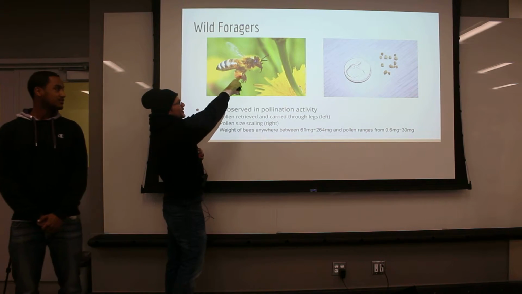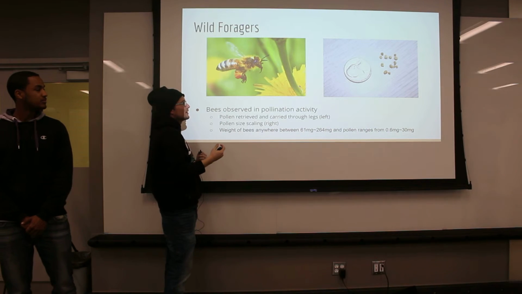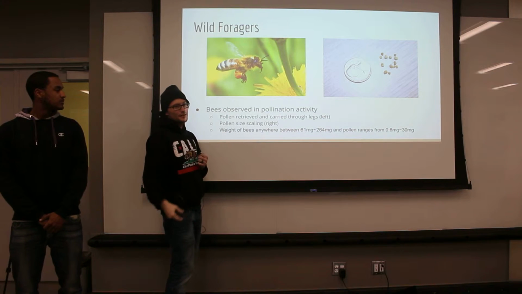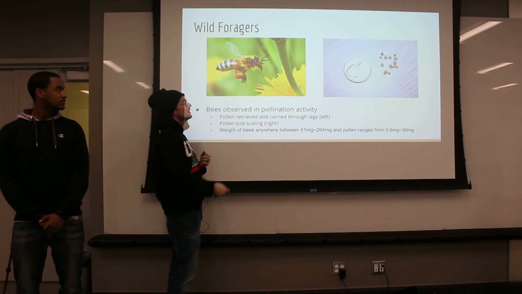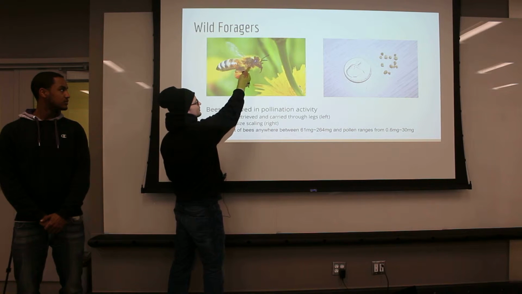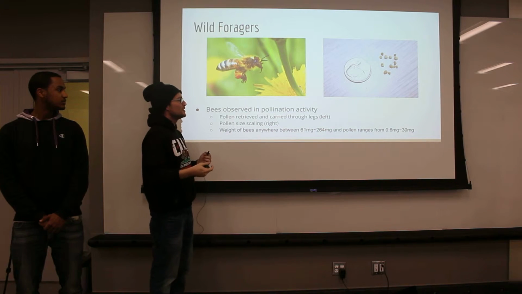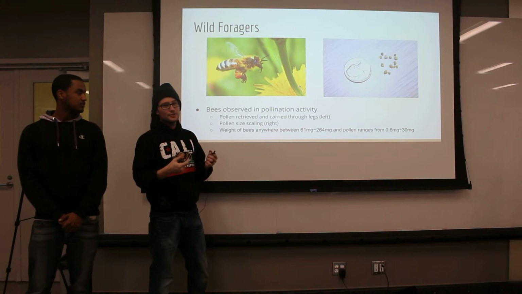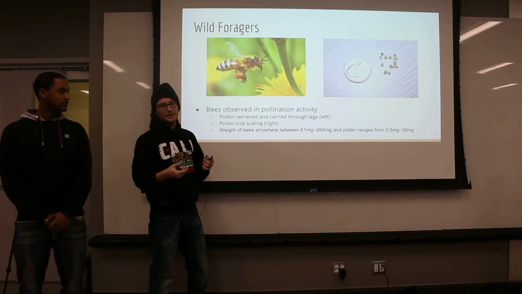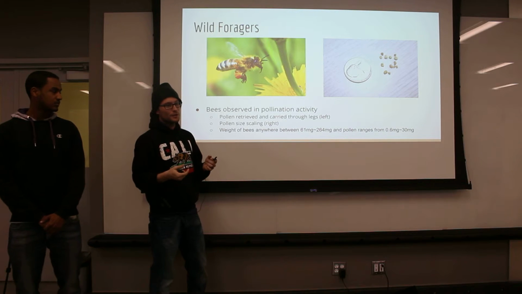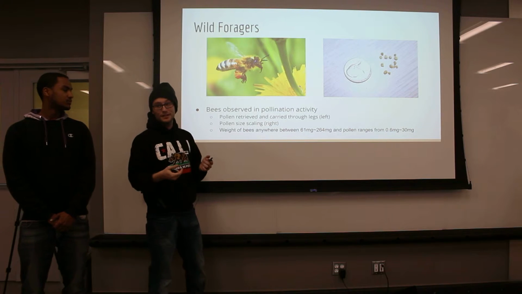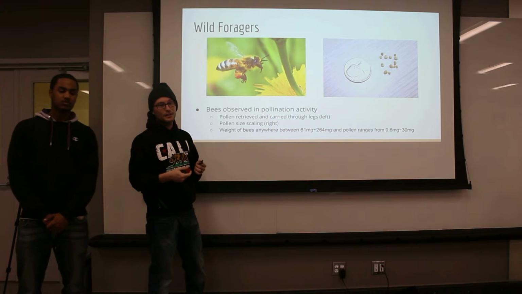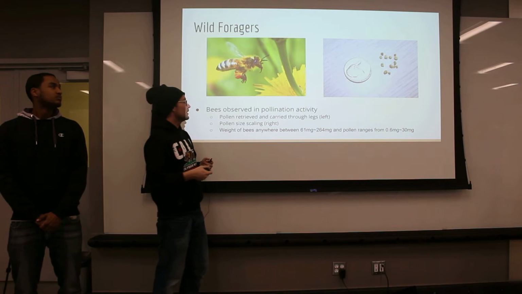This is a ball of pollen that is collected on the hairs on its back leg, and it can also collect nectar on the inside. And so the bee scale is actually going to be used to figure out how much of this pollen and nectar a bee has gathered during a foraging trip, or if they've even collected any at all, or if they've just gone out for a stroll.